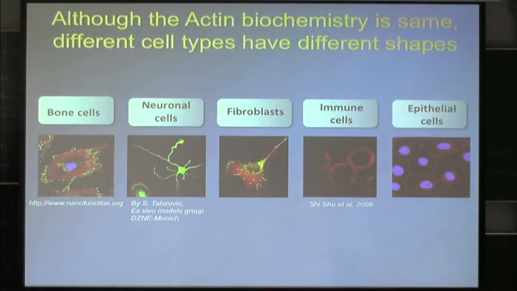Similarly, migrating cells, here fibroblasts as an example, have a very defined polarized shape with a front and a back, in contrast to other static cells like epithelial cells, although we will see that they are not as static as they look.